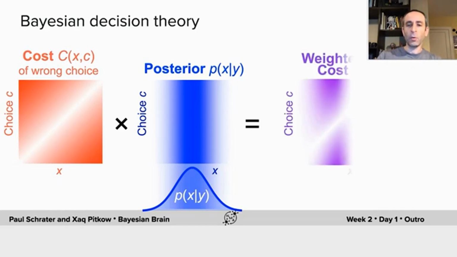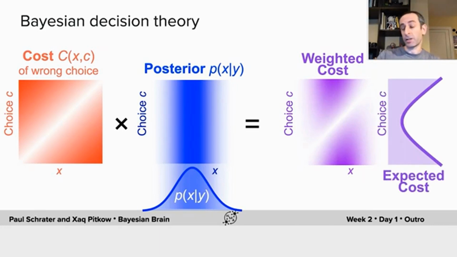And then we get a weighted cost associated with each choice and possibility of x. And if we integrate those over x, because we don't know what the real x was, we can get an expected cost for each possible choice. If we minimize that, we get the best possible choice, the lowest cost, and that's the best single answer that we could get, given this cost function.